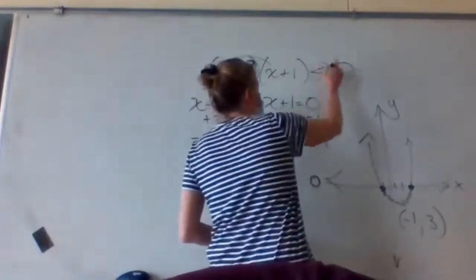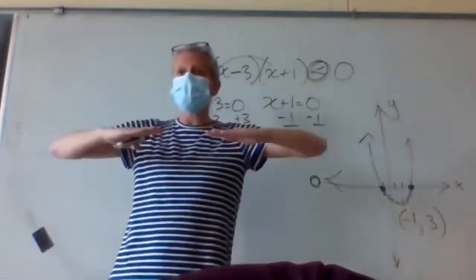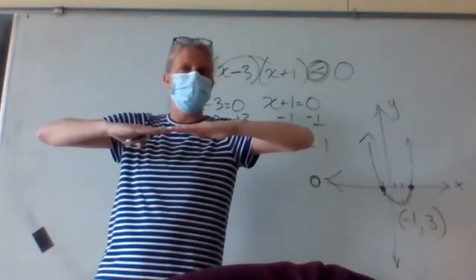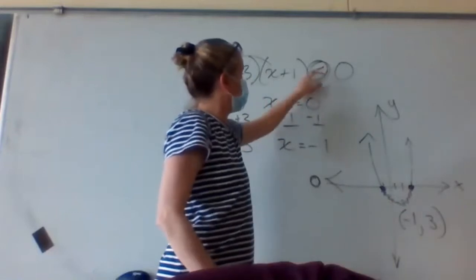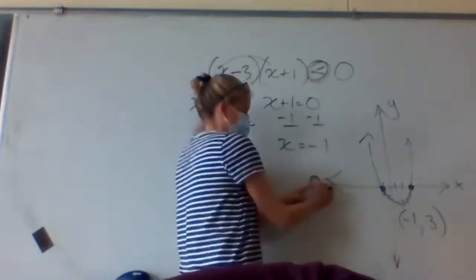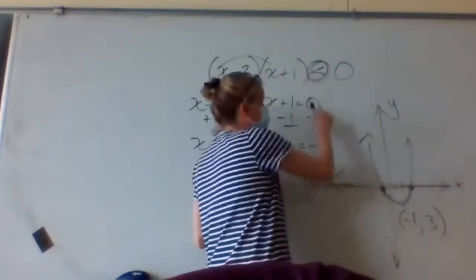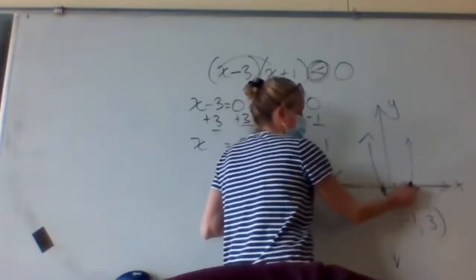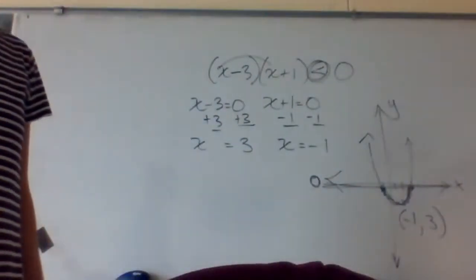And then you want to look at this symbol. Does it want to know what is above the x-axis, which would have been a greater than symbol? Or does it want to know what's below the x-axis? That's why this is less than 0. You always consider this your 0. Less than 0 means it wants to know what's below that. So that's why we used that interval of that U shape.